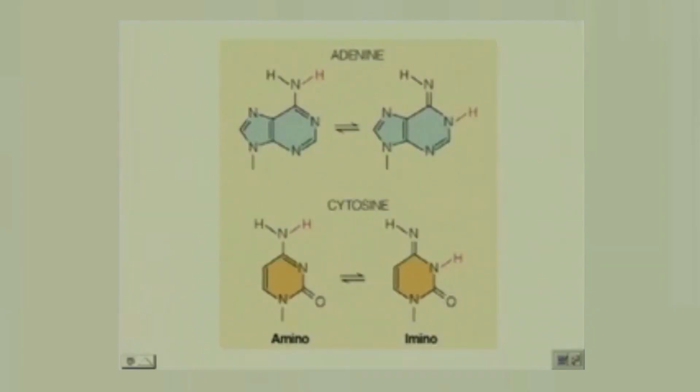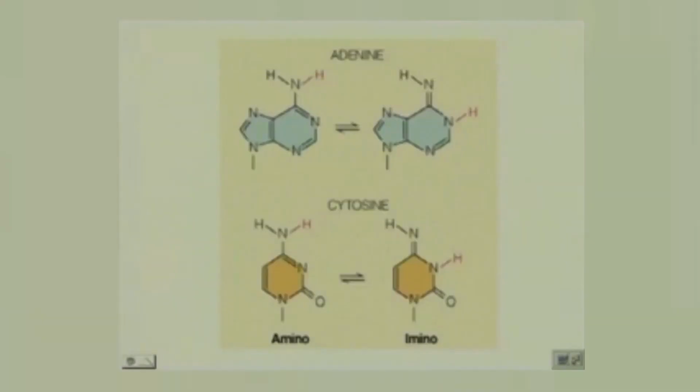Here we are having an amino type and an imino type. But the basic idea is the same, where you are shifting this hydrogen in the case of adenine to the adjacent nitrogen. In the keto-enol tautomerization, you have the H shifted from the carbon to the oxygen, right?